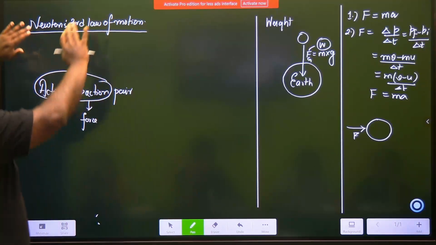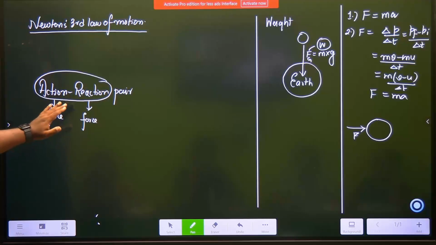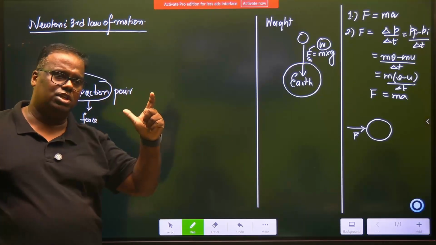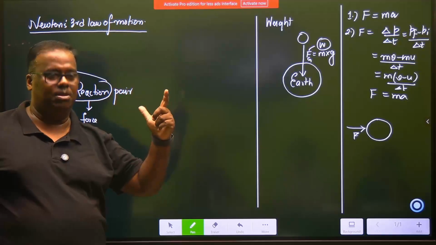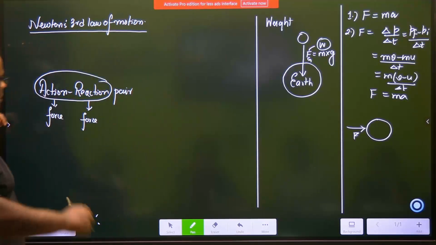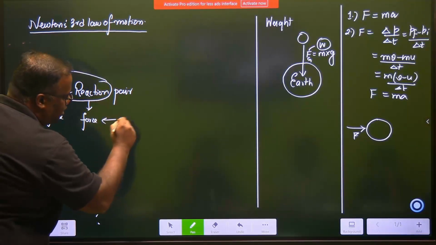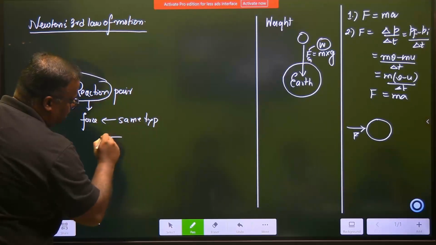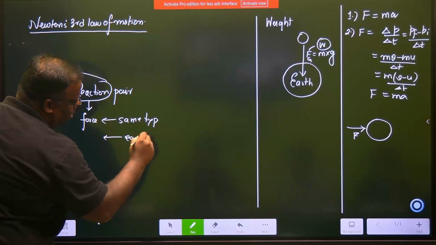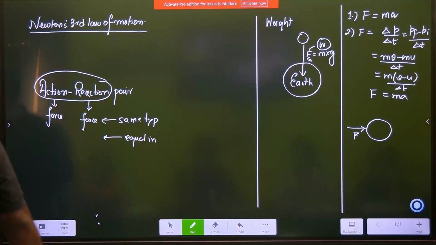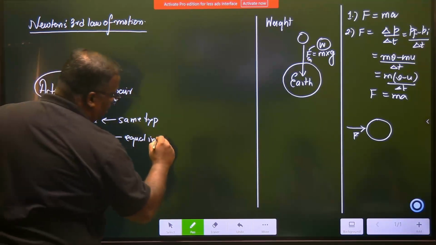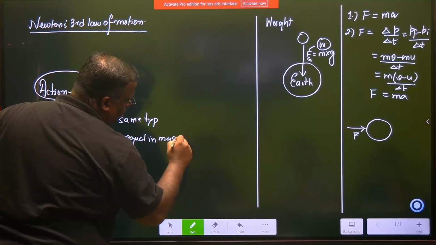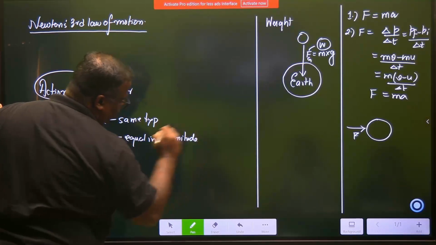So before understanding Newton's third law of motion, we have to understand the action-reaction pair. What is an action-reaction pair? Two forces which are of the same type. Number one, these forces should be of the same type. Number two, they should be equal in magnitude.